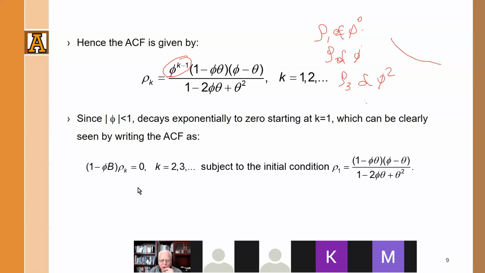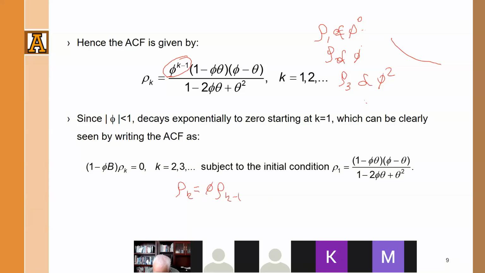So in fact, the autocorrelation function can be written using the autoregressive equation: rho k equals phi times rho k minus 1, for k equals 2 to 3, subject to an initial condition for rho 1. So once I have rho 1, I can compute rho 2, rho 3, rho 4 based on this equation, because rho k is going to be equal to phi rho k minus 1.